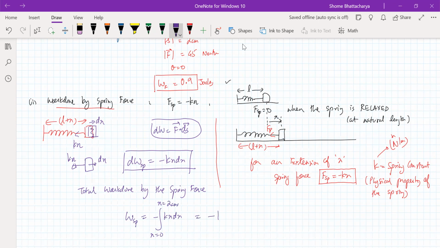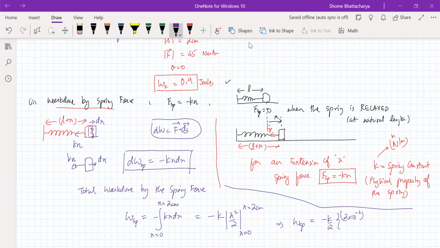So this will become minus k times x square by 2, from x equal to 0 to x equal to 2 centimeters. So the work done by the spring will become minus k by 2 into (2 into 10 raised to the power minus 2) whole square, now I'm converting to meter square, minus 0.